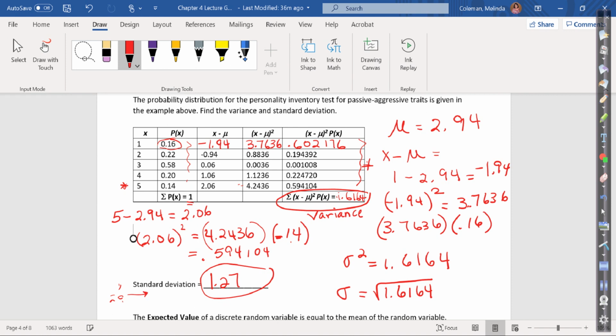One standard deviation is 1.27 from it in this direction, and negative 1.27 from it in this direction. So that's how much they vary. Remembering that now, because of the empirical rule, 95% of the people are going to score between the mean plus or minus 2 standard deviations.